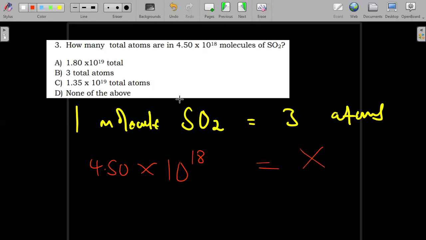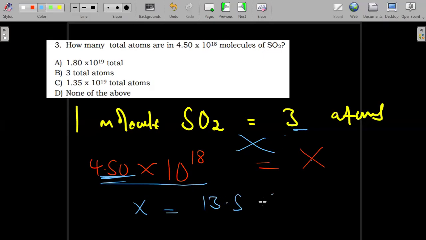Cross multiply, it will be x multiplied by 1, so x is equal to this multiplied by 3. Let me multiply. I have 4.5 multiplied by 3 and then multiplied by 10 to the power 18. If I multiply 4.5 and 3, I'm getting 13.5 times 10 to the power 18. Now these will be atoms.